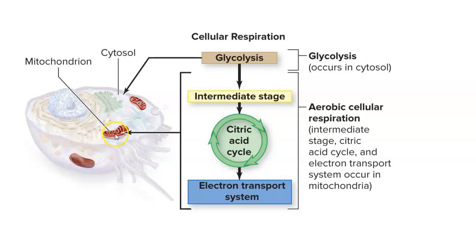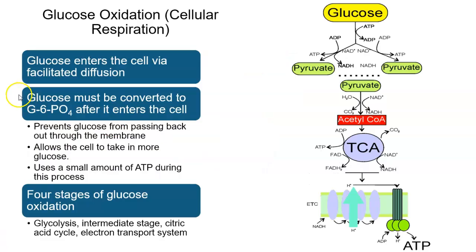We enter those into the mitochondria, into the citric acid cycle, which is the Krebs cycle, which is the TCA cycle, I told you. And from there, the electron transport system. So all of this happens in the mitochondria. Glycolysis is in the cytosol.